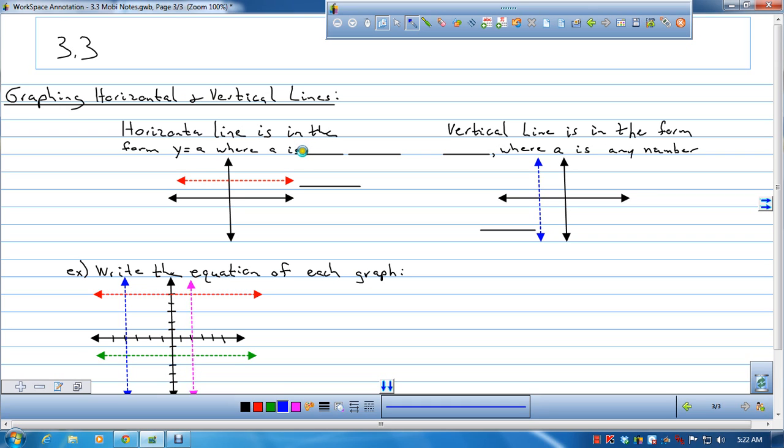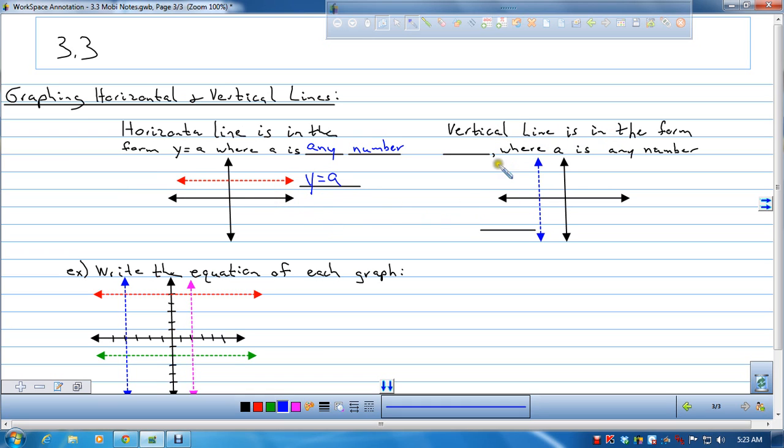Okay? So a just has to be any number. It can be a whole number, fraction, any type of number you want. So when I just have a y and it's equal to a number, it's going to be a horizontal line.